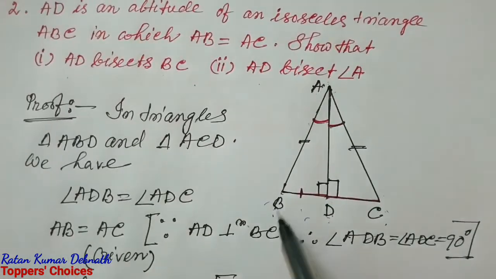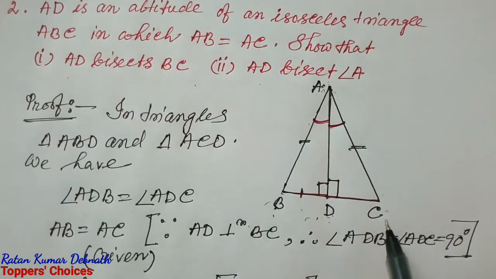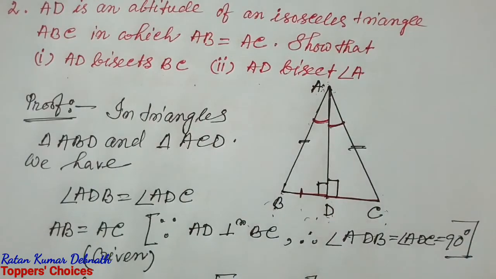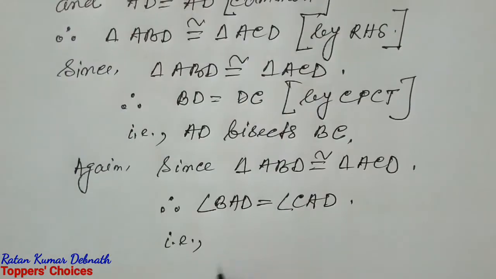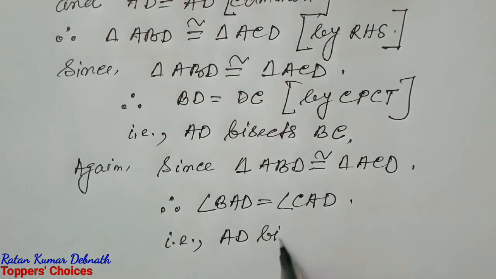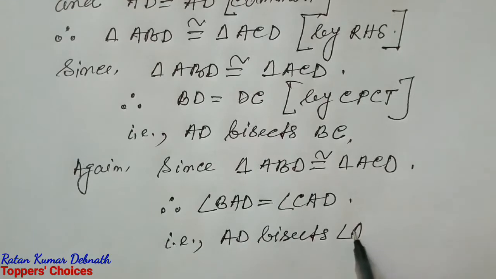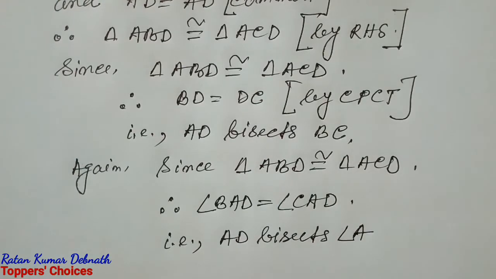These two angles, that is angle BAD equals angle CAD, that means AD bisects angle A. So this is proof number 2.